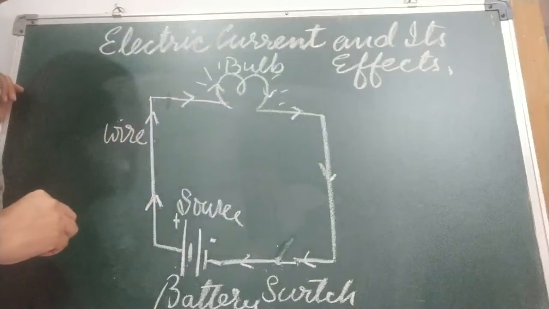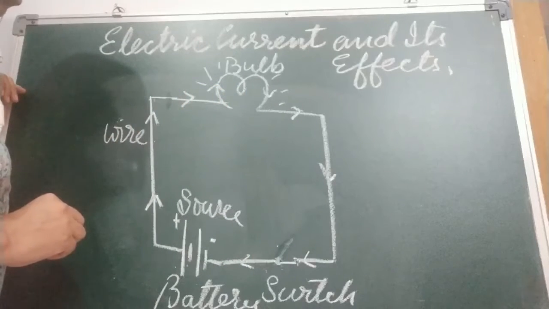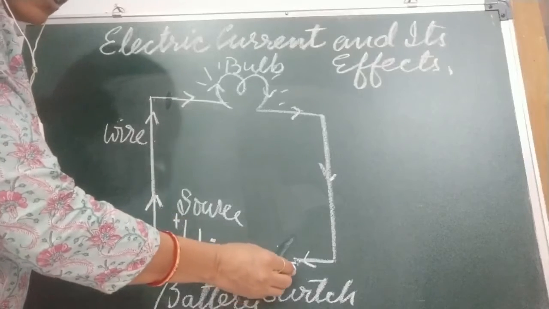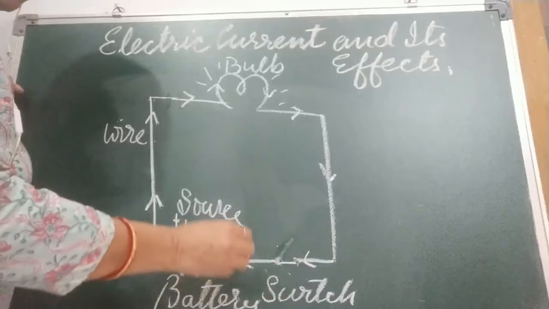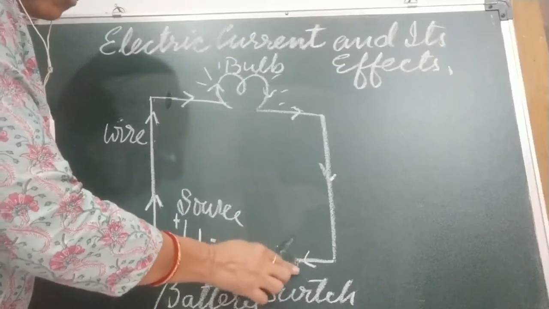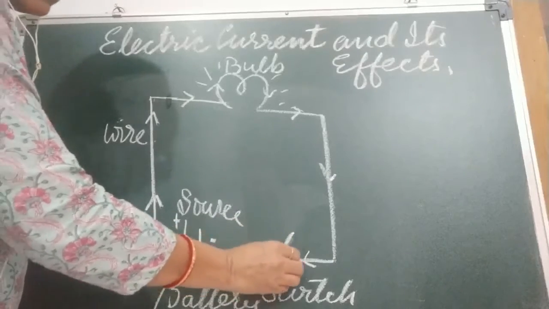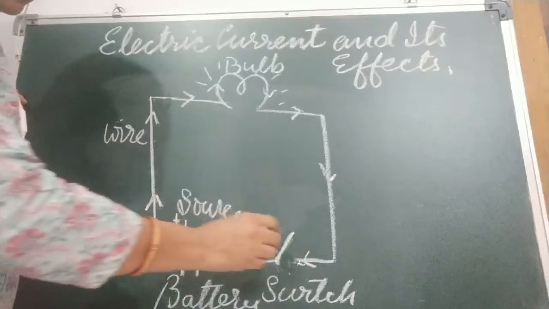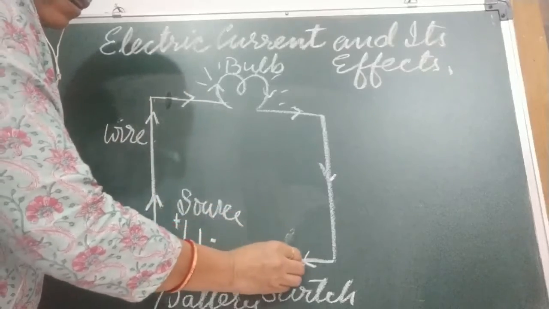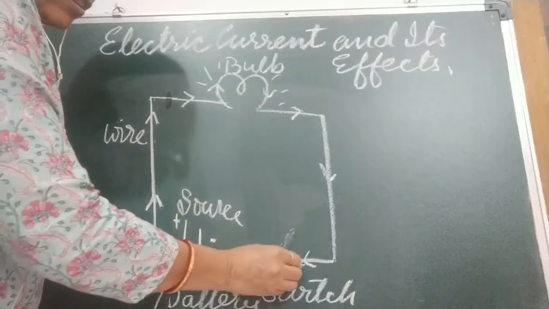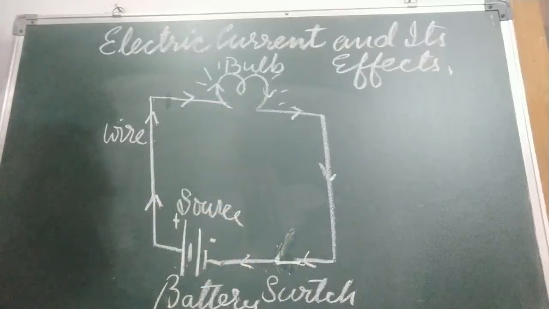So continuity should be there. The only component that can have a discontinuity is the switch. If we want to switch off, we open it. And if we want to close the circuit, then we make it close. So these things we have to remember while drawing.